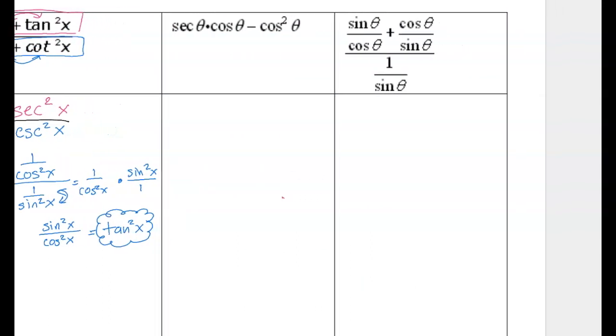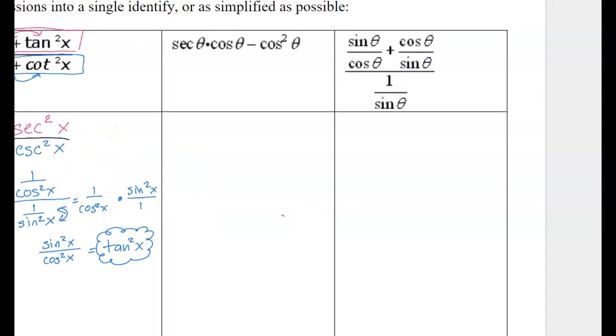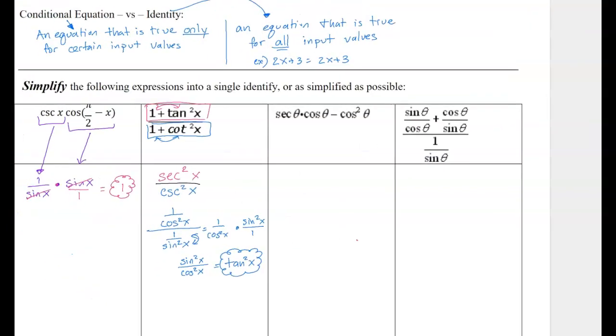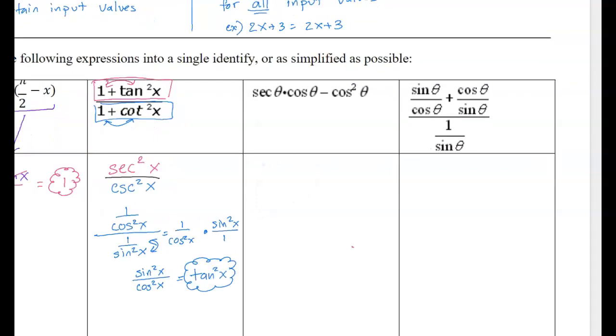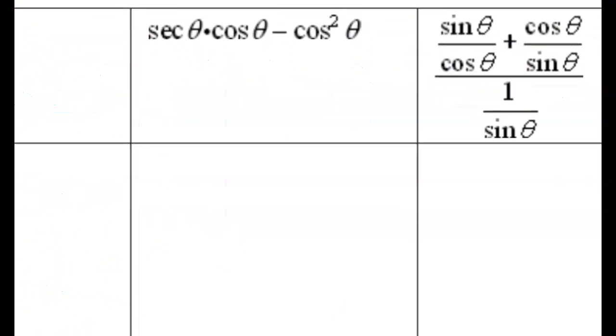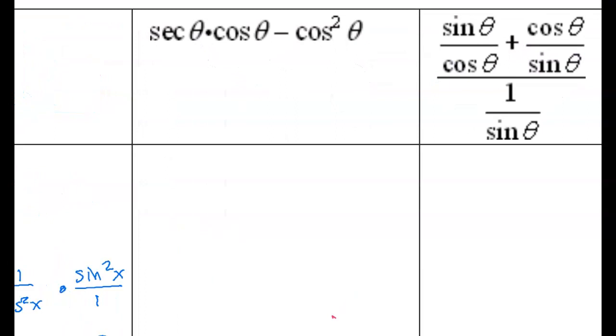Here, remember, I told you that whenever you're trying to simplify an expression down to a single trig function using identities, whenever we have a reciprocal trig function, a go-to solid move is to instead write the reciprocal of the original function.